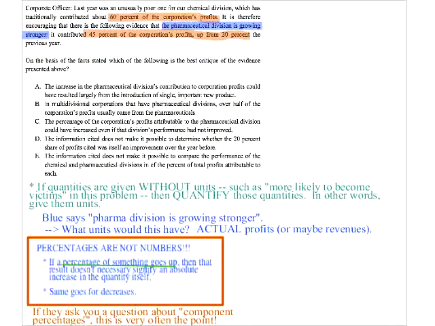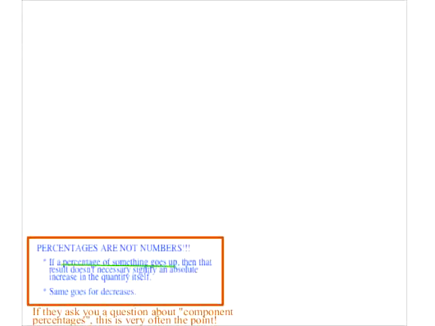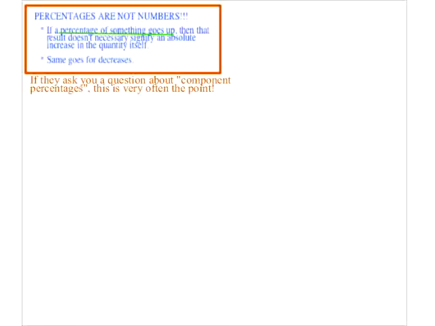They're trying to make sure you understand that that doesn't mean absolute growth. So let me give you another illustration before we go back to this particular problem. Here is an illustration that is closer to home.